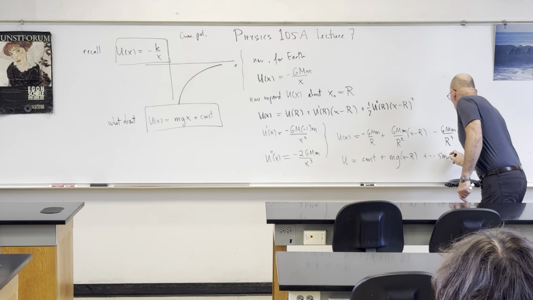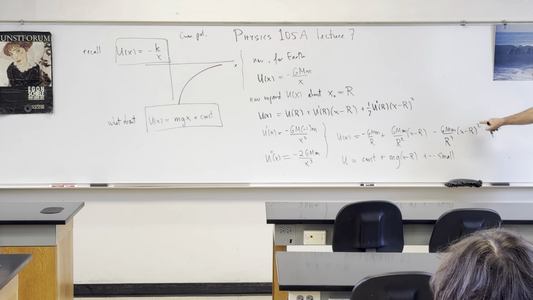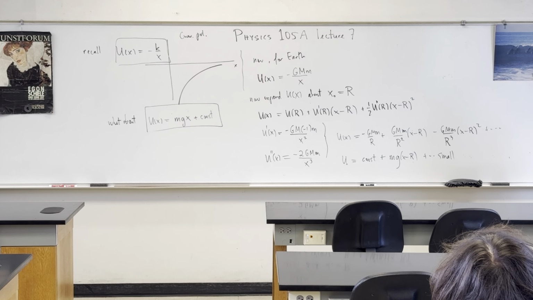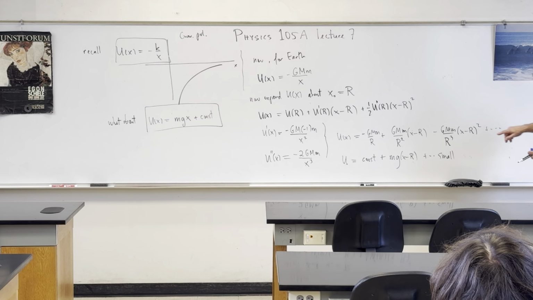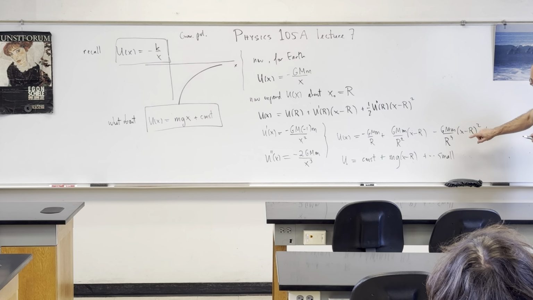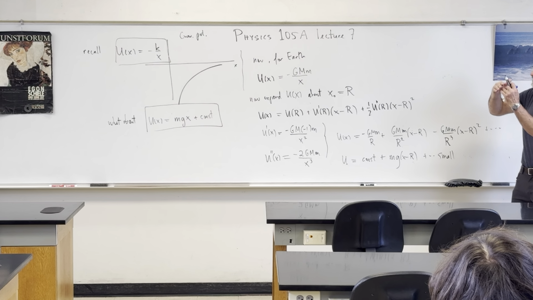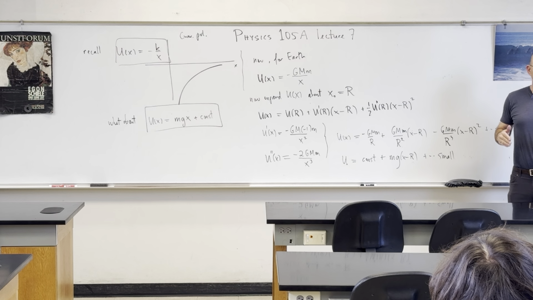And then I'm just going to write plus small. When are these last terms small? When R is really big and is being cubed at this point, so we can reasonably say it doesn't affect the outcome. In particular, when x minus R is much, much less than capital R, that's the criterion. And this x minus R is our distance above the surface of Earth.